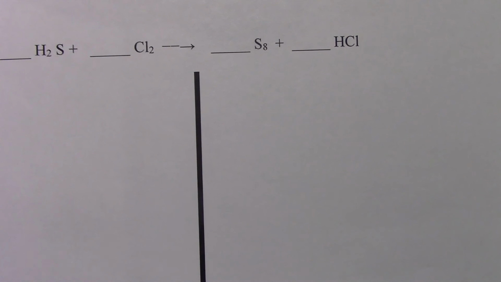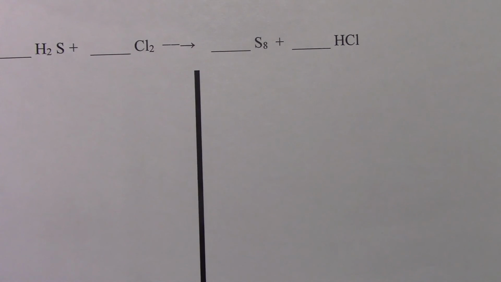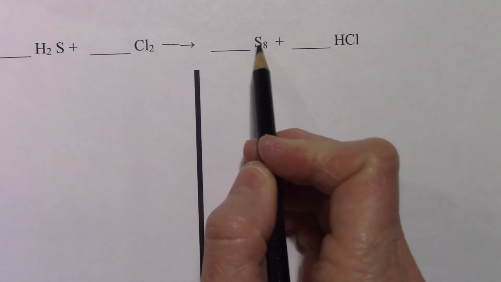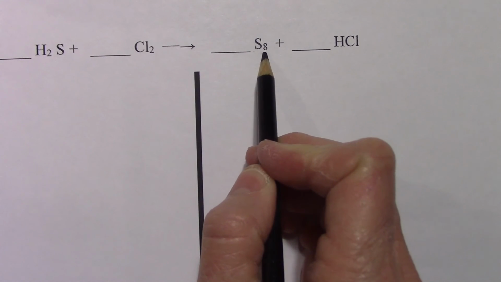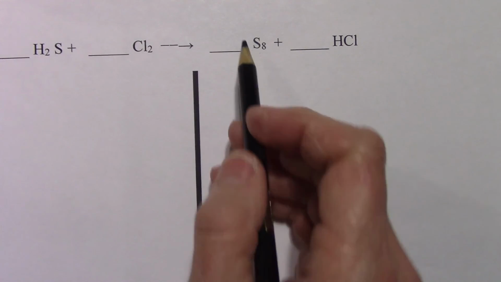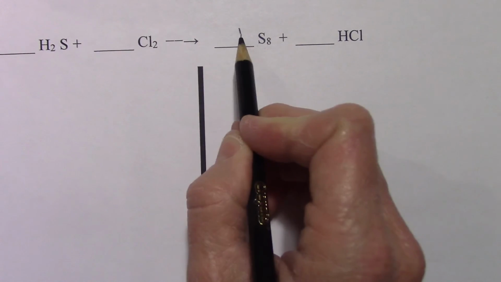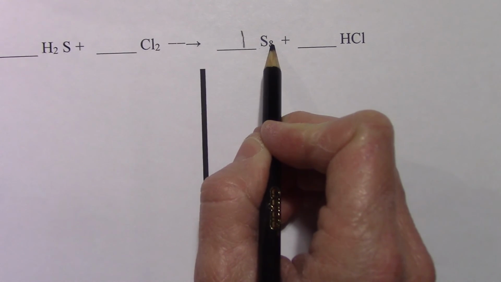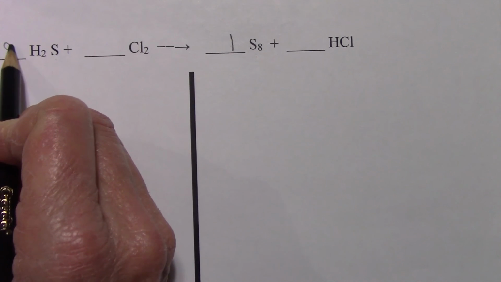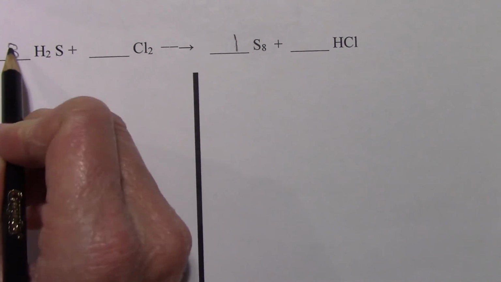So when I'm looking at all of these things to see where to get started, what I notice is that, again, for the sulfur, there's 8 atoms of sulfur together in 1 molecule. So if I have 1 of these, that's going to give me 8 atoms of sulfur. So over here, I need to have 8 atoms.